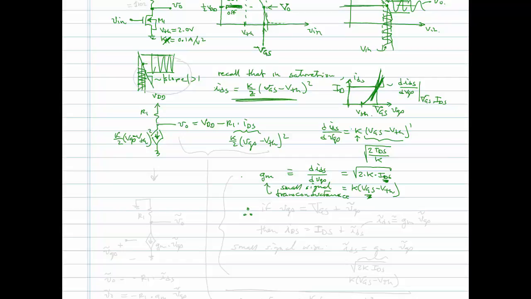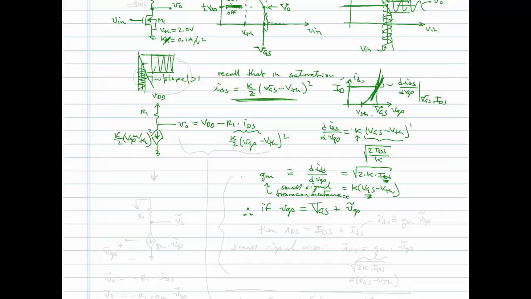Therefore, a small change. Let's say VGS is equal to big capital VGS plus some small signal VGS, I'll put a little tilde over that.